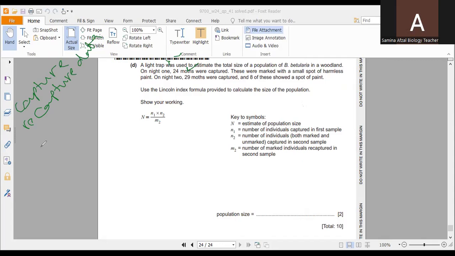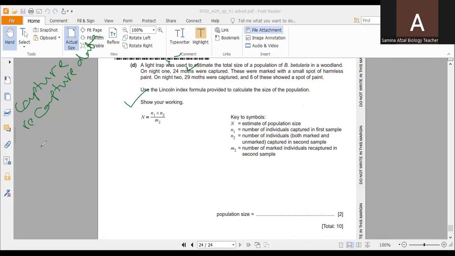Understanding the Lincoln index, also known as the Petersen index, it is a method used to estimate the size of an animal population. It is based on the principle that the proportion of marked individuals in the second sample should be representative of the proportion of marked individuals in the entire population. So this formula is used for this.